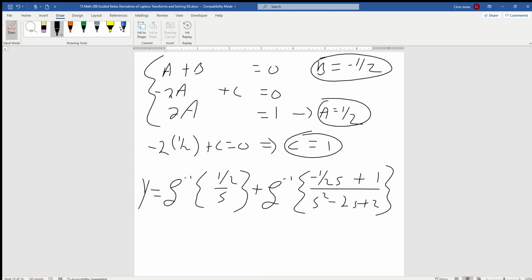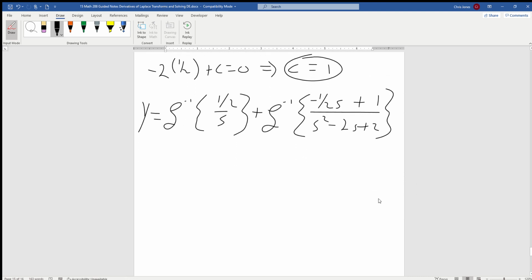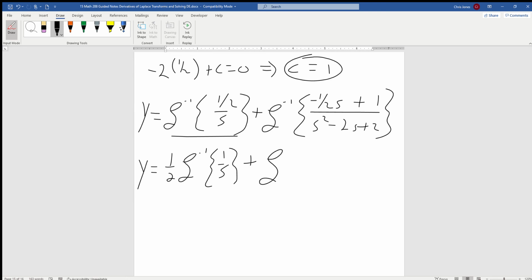Well, remember that trick that we've used before where we go through and we just split things up? All right, so we're going to split up this last term. This is probably going to be a really easy one. We can factor out the half. So we're going to have 1/2 inverse Laplace of 1 over s, which is just going to become a half at some point, plus, I'm going to factor out the minus 1/2 from the minus 1/2 s.